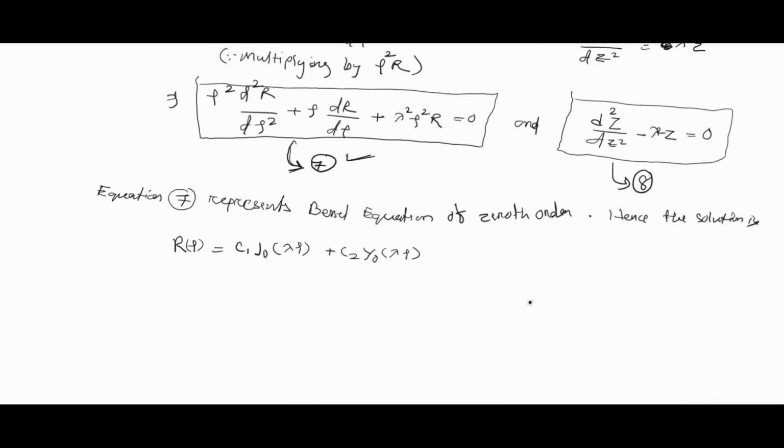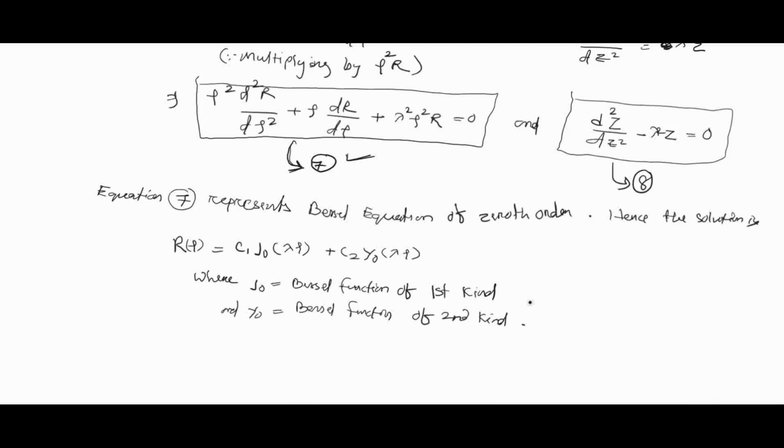Y0 is a function of lambda ρ, J0 is a function of lambda ρ, where J0 is the Bessel function of the first kind and Y0 is the Bessel function of the second kind.